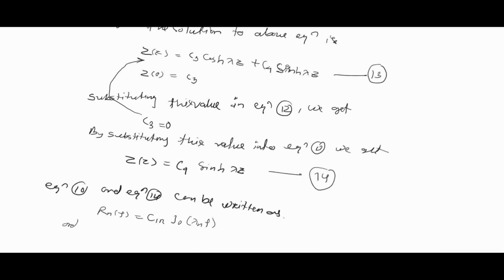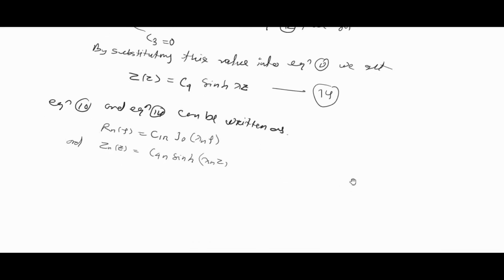And Zn of z is equal to C4n sinh lambda n z.